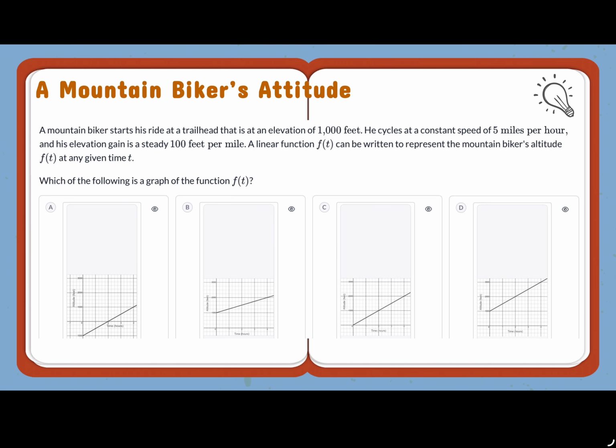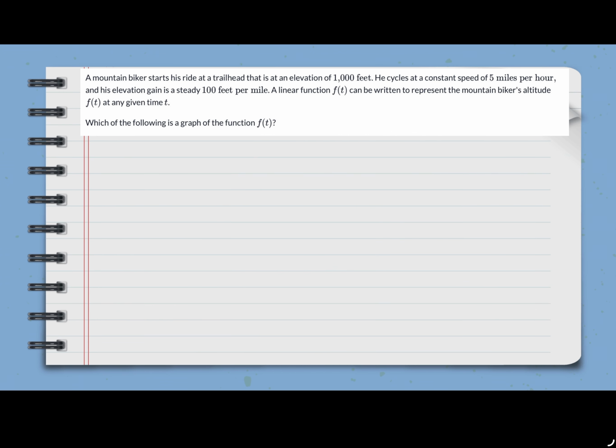Okay, mountain biker's altitude. They're at an elevation of 1,000 feet. He cycles at a constant speed of 5 miles per hour, and his elevation rises a steady 100 feet per mile. And then we have our linear function. Which graph matches this best? So first, we actually just have to solve for it with what we're given.